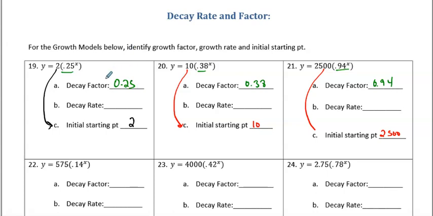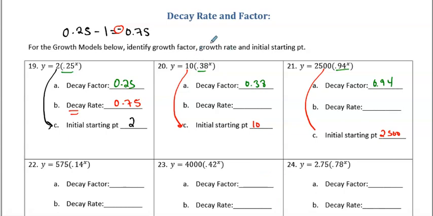I could take 0.25, my decay factor, subtract 1, and I'll get 0.75, or negative. And it should be negative because it's my decay rate. So I'm decreasing. I don't have to write the negative sign because I'm implying that by a decay. So my decay rate is 0.75.